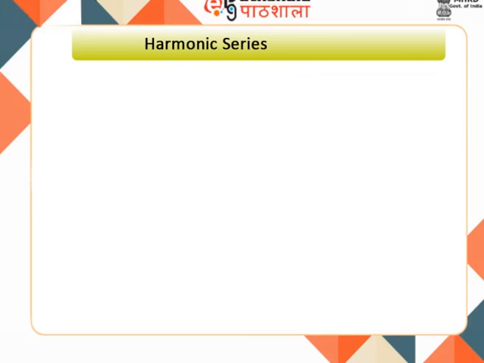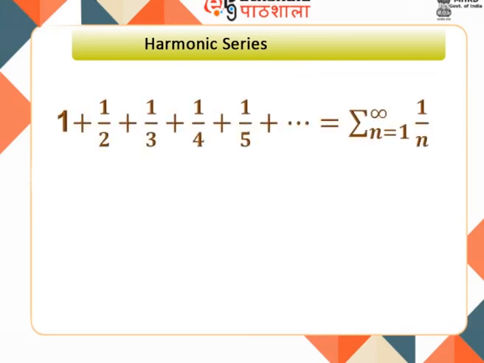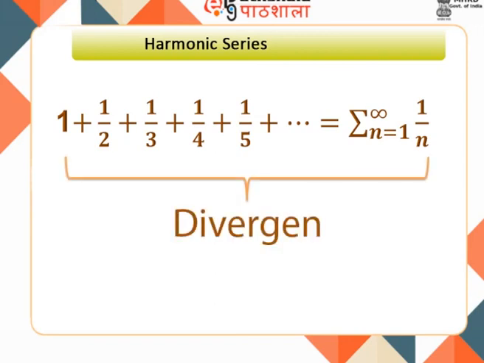The harmonic series is the series 1 + 1/2 + 1/3 + 1/4 + 1/5 and so on, equal to the summation of 1/n, where n goes from 1 to infinity. The harmonic series is divergent.